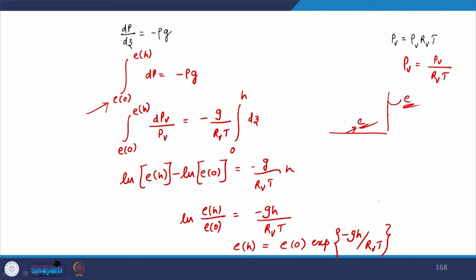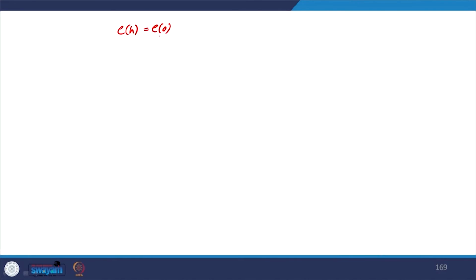E of h is equal to E of 0 times exponential of minus g h divided by R v T. This is what gives the variation of the vapor pressure with respect to height. Now, what is missing here? We do not have the information of the radius of curvature, because this can be just a height, but unless you put in the radius of curvature, things do not change.